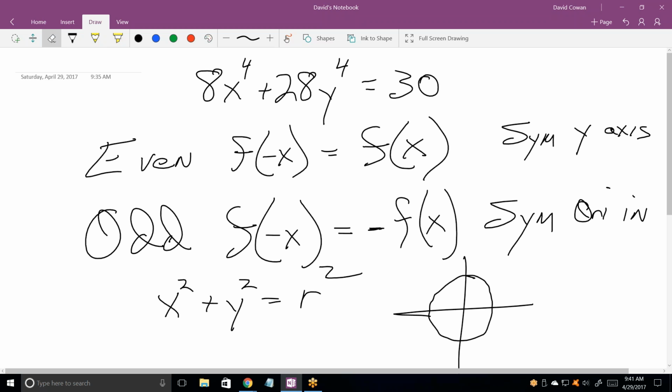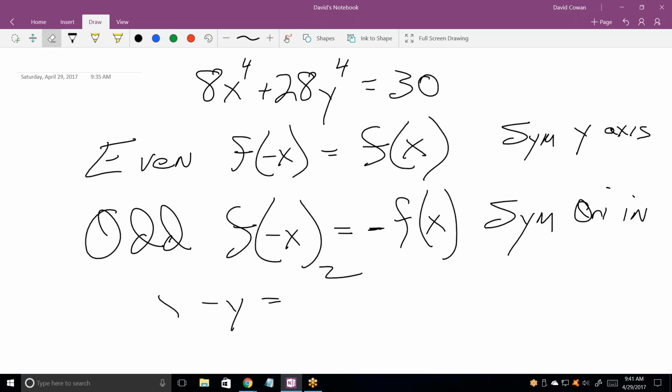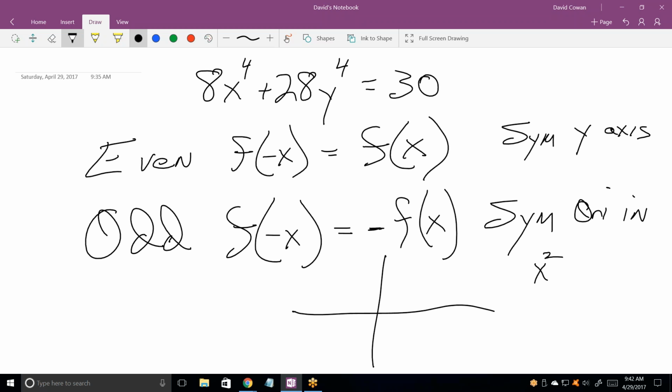Because an ellipse is a lot like our circle. It's liable to have all three symmetries. This is an ellipse at the origin. And the reason I know that is because there's no x term, there's no y term. Here's the equation of an ellipse, first of all. It's x squared over a squared.